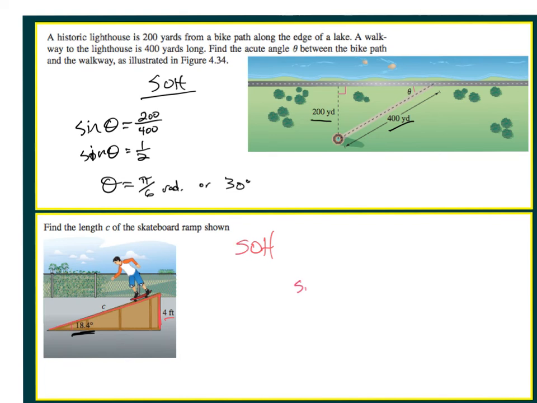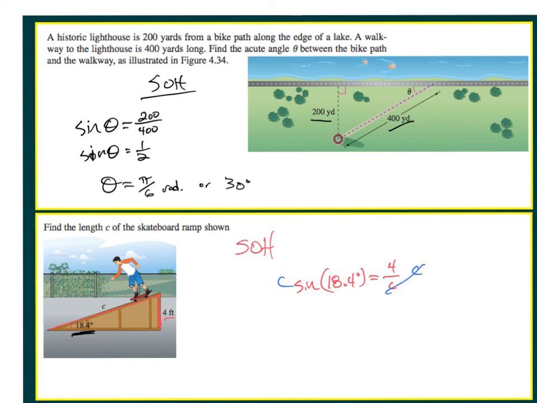All right, so now I'm going to have sine of 18.4 degrees is equal to what? 4 over C. Well, how do I start solving for C? No, I cannot multiply by 4. I swap them. Good. All right, so I'm going to multiply by C, and then I'm going to do what?